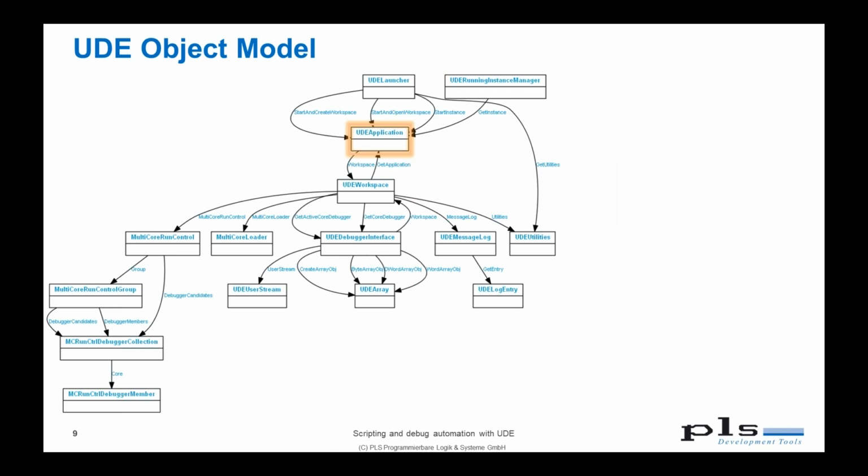And once you get the UDE application object, either by UDE launcher or by UDE running instance manager, you can use the get methods of the application object or the object properties to traverse this kind of graph here, this object tree, in order to get the debugger objects that you need for your scripting or your debug automation.